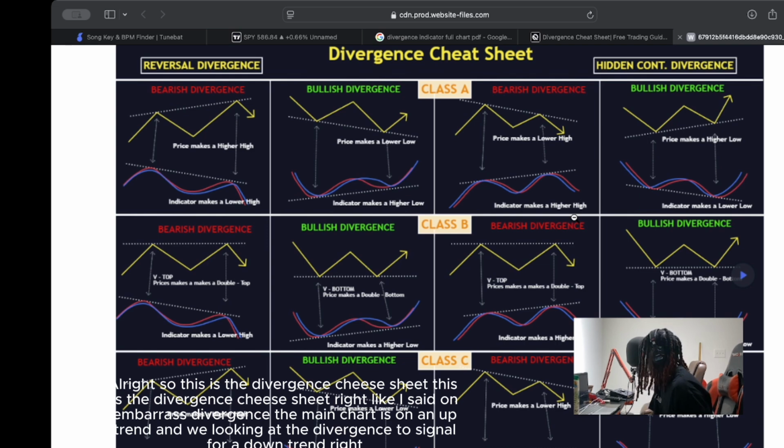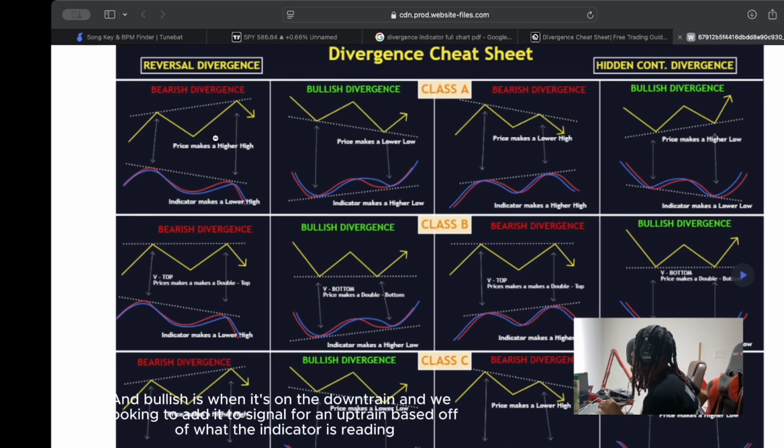This is the divergence cheat sheet, right? Like I said, on a bearish divergence, the main chart is on an uptrend, and we're looking at the divergence to signal for a downtrend. Bullish is when it's on a downtrend, and we're looking at it to signal for an uptrend based off of what the indicator is reading.